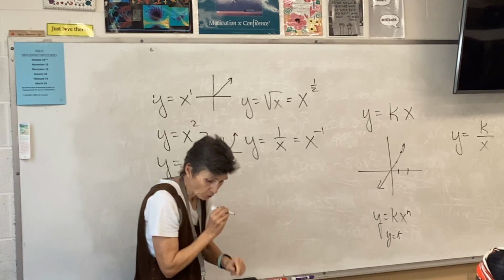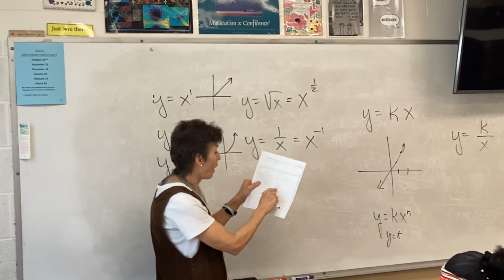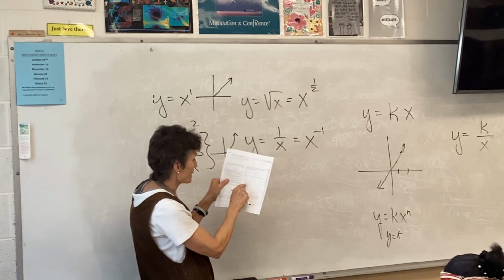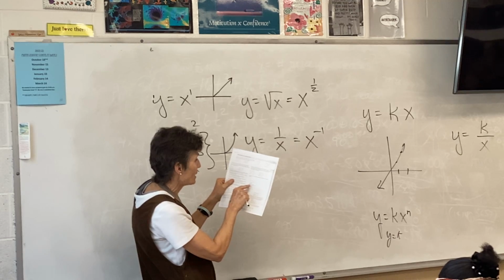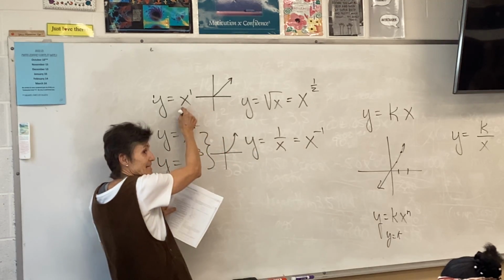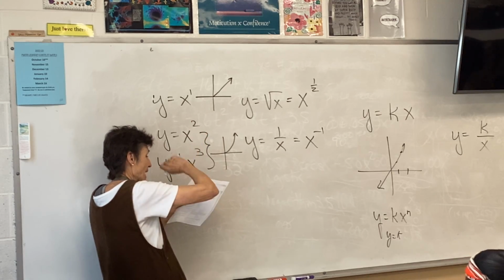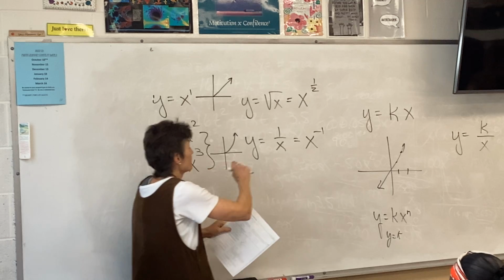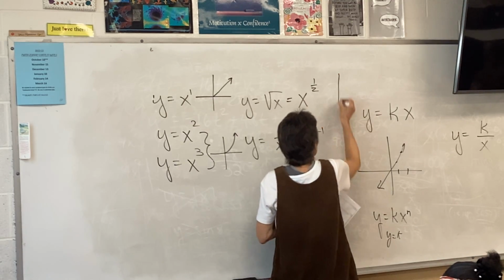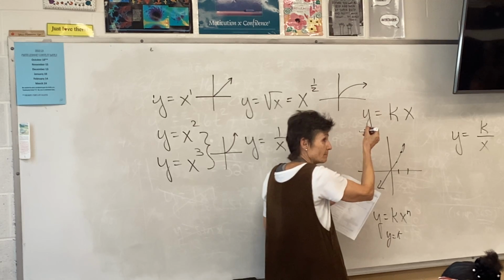So I want you to look at the pictures they drew in quadrant 1 for 37 to 42. In quadrant 1, would you agree that picture C looks like this one, and picture B looks like this one? Okay, now, the square root function only exists in quadrant 1, and it looks like that.